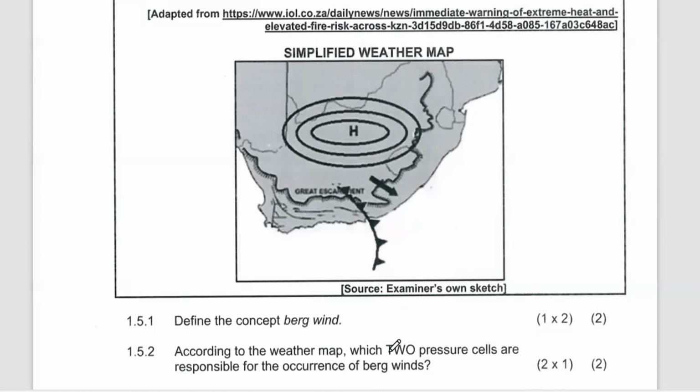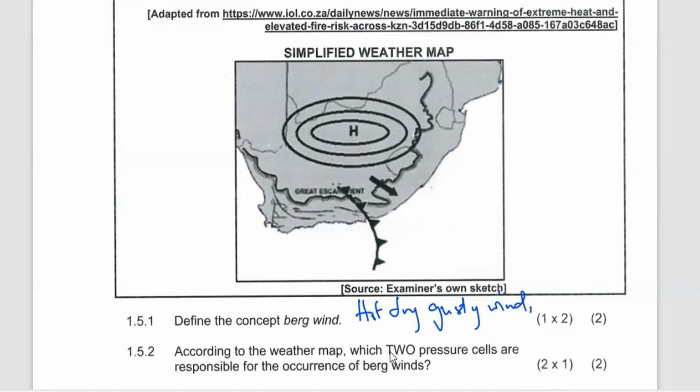Right, when we are defining these concepts here, we need to capture the idea of the Berg winds. We can define it as a hot, dry, gust wind. And what kind of nature does it have?